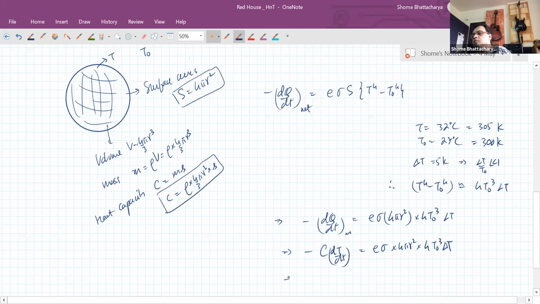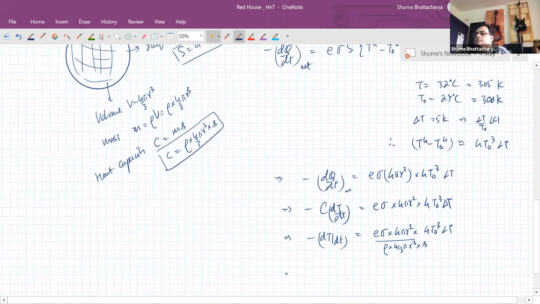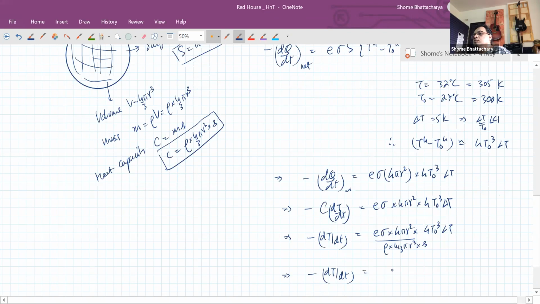So next step, the rate of cooling is this divided by density into volume into specific heat capacity. So 4 pi r square we can cancel out.